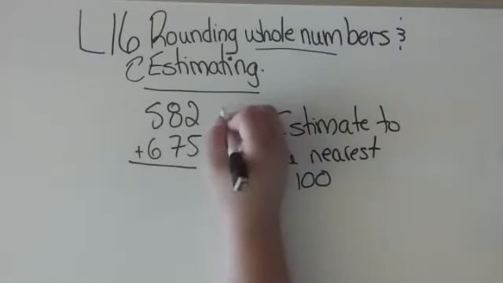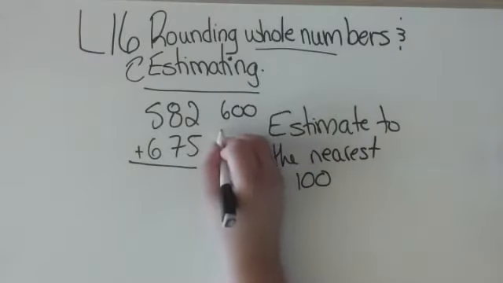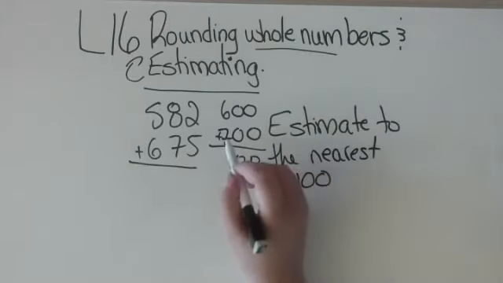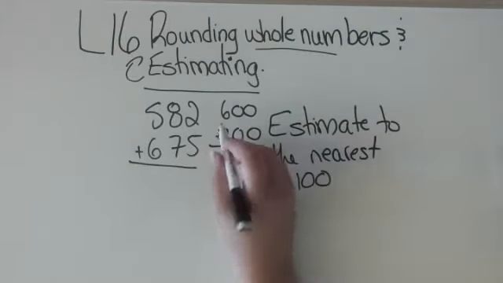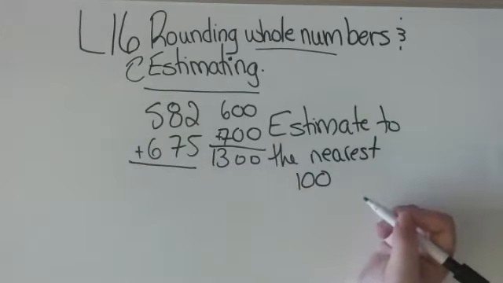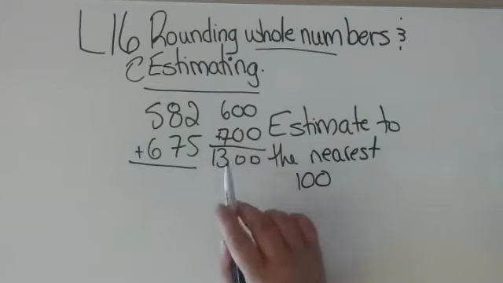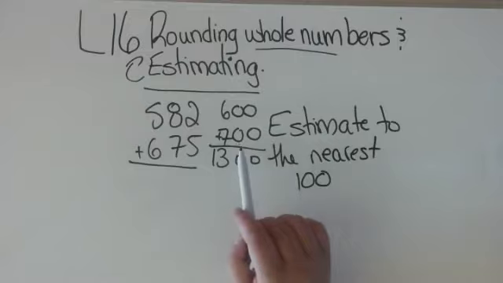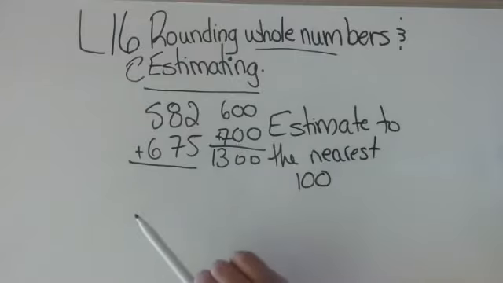So this one would be 600, this one would be 700, and I would add them together like that. Okay, this is estimating your answer. You have to round the numbers first, then do whatever it was asking you to do.